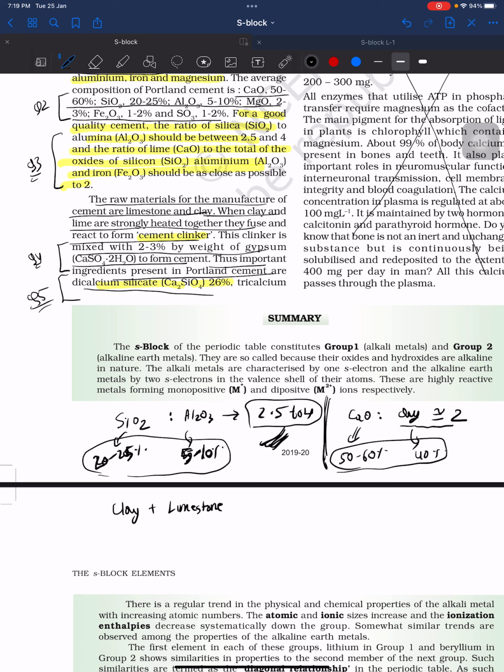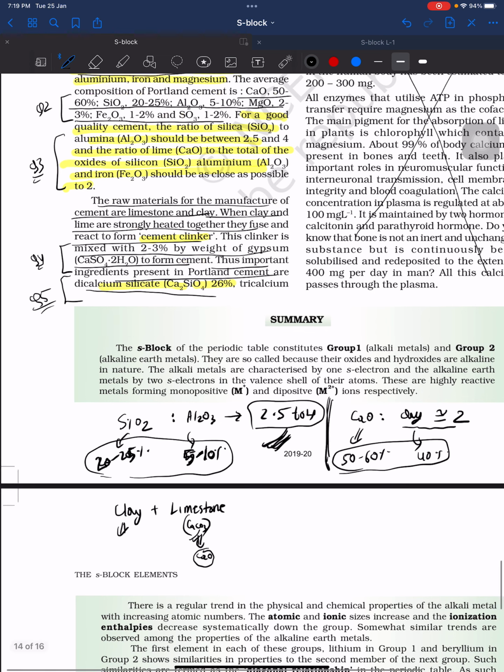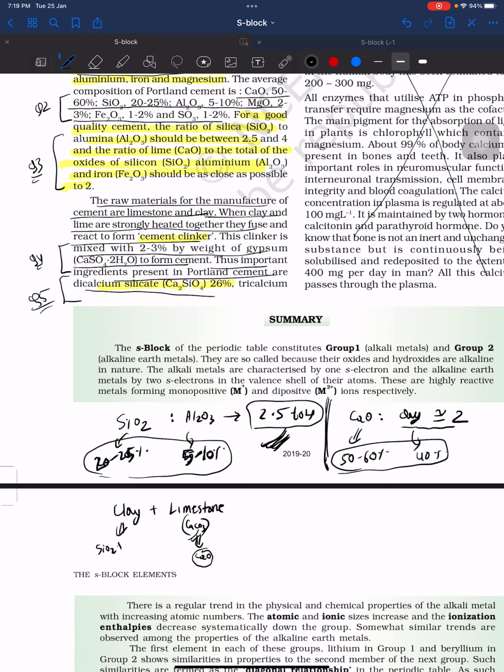Limestone is actually calcium carbonate, which breaks down into calcium oxide when heated, and clay consists of silica, SiO2, and the oxides of aluminium, iron, etc., as we have seen.